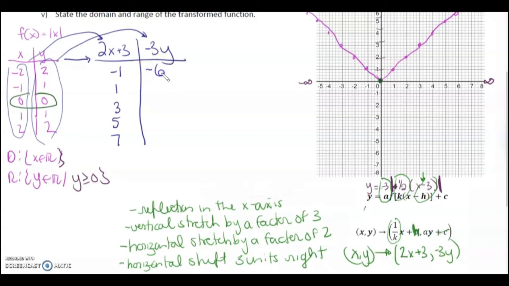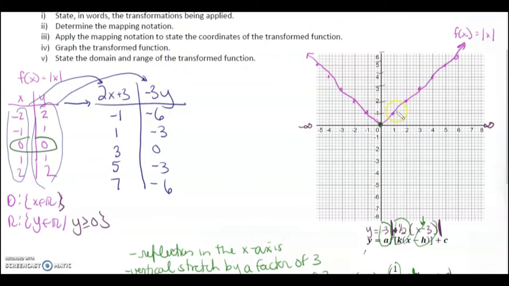So 2 times -3, 1 times -3, 0 times -3, 1, and then 2. And we can go ahead and graph this as our transformed function. So (-1, -6), (1, -3), (3, 0), (5, -3), (7, -6).